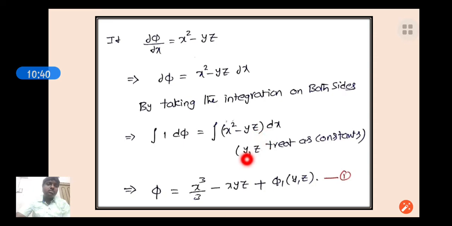The integration of 1 is x, so I am writing minus xyz, plus I have to write a constant here. Instead of a constant, since y and z are treated as constants, I am writing a constant function in terms of y and z, phi1 of (y, z). So this will be taken as equation number 1. This comes from the first equation, ∂phi/∂x equal to x² − yz.